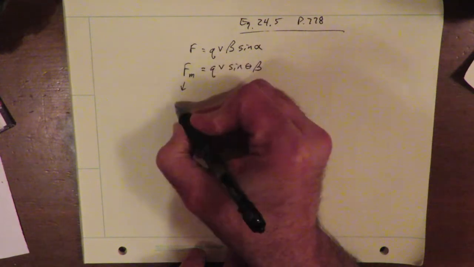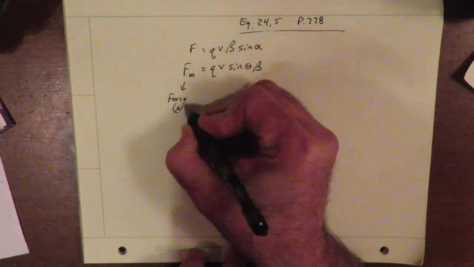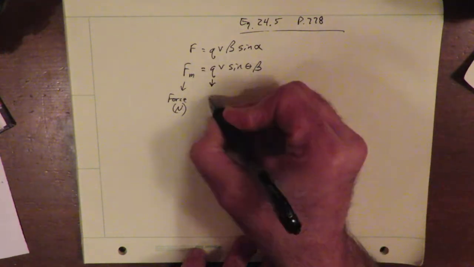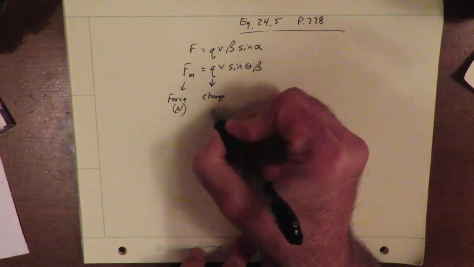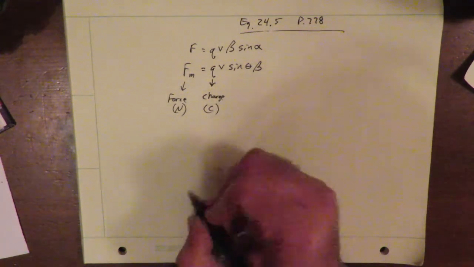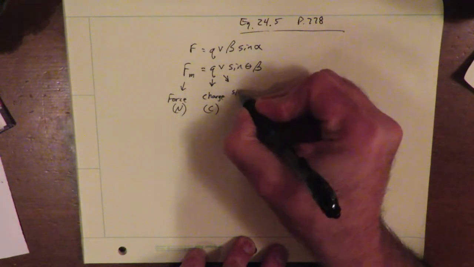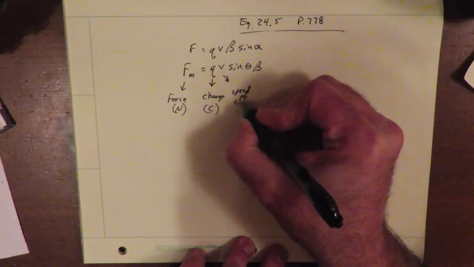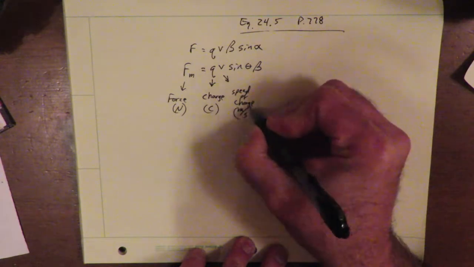The F is magnetic force, and that's going to be in newtons. Q is the charge that is moving through the magnetic field, and that's going to be measured in coulombs. V is the speed of the charge, and that's going to be in meters per second.